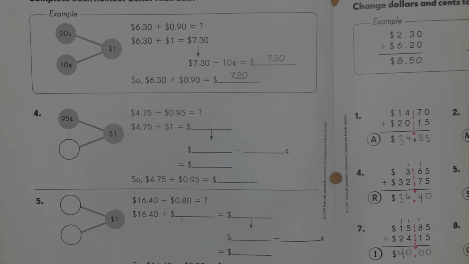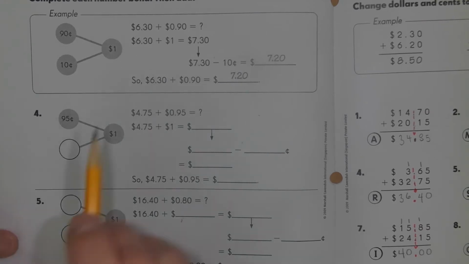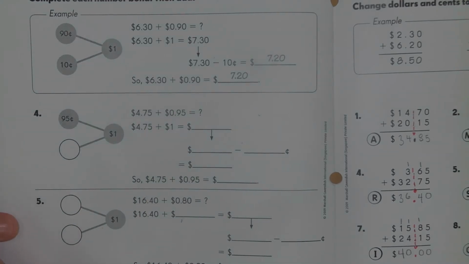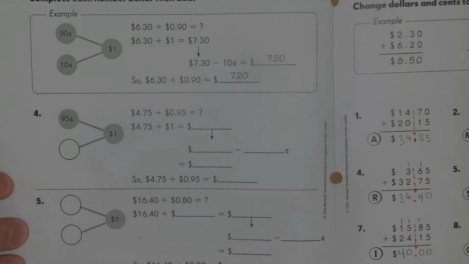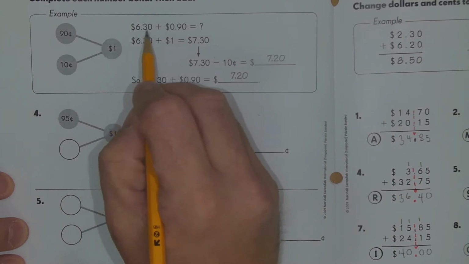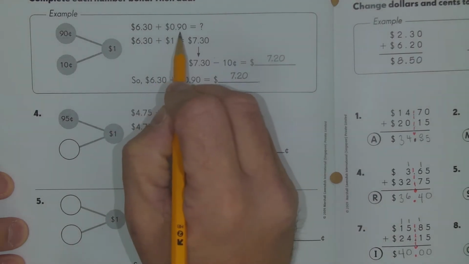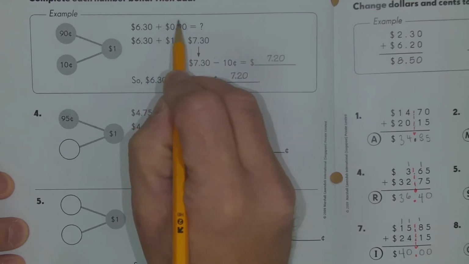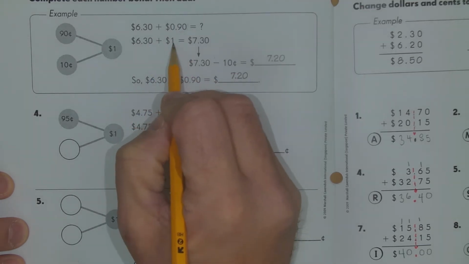If you look at the example up on the top here, what they're doing with the money in this case is a little bit different. There's a bunch of different stuff I've got to talk you through, and then we can just go through and do these together. Whatever number you have here, you have one close to an even dollar. 90 cents is pretty close to $1.